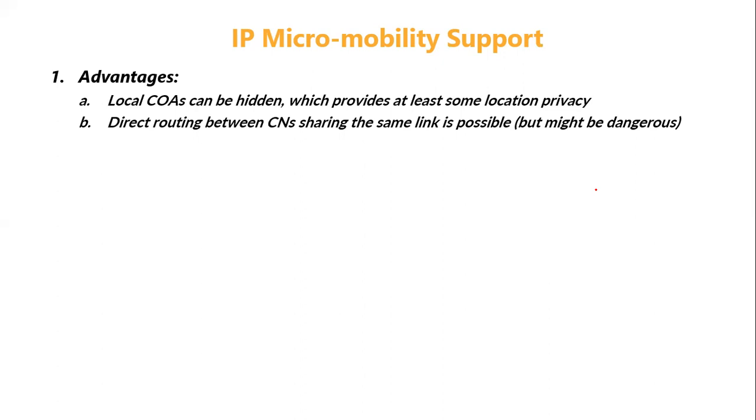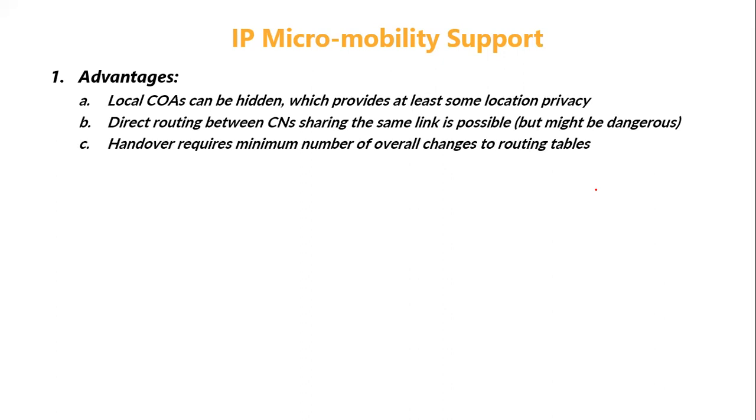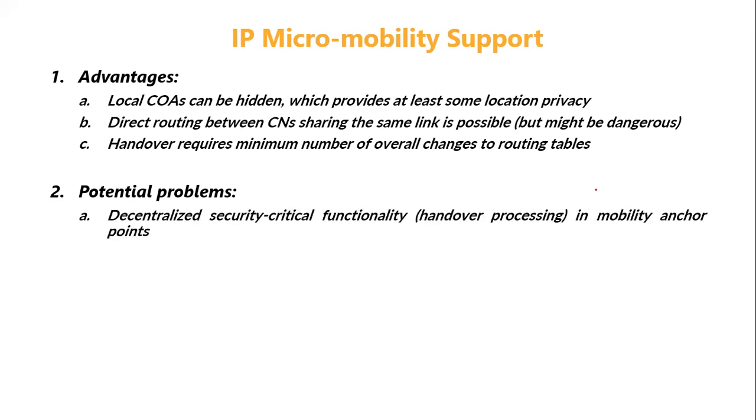It is enough if he knows the RCOA, the regional COA. With that, he can communicate. So it includes some level of privacy. Direct routing between CNs sharing the same link is possible. Direct routes between two correspondent nodes are possible, but it is dangerous. Handover requires a minimum number of overall changes to the routing tables. The changes are not much; it's quite minimal.